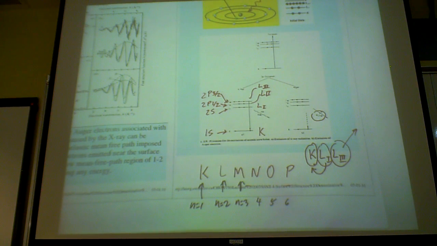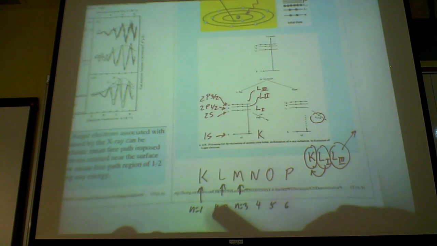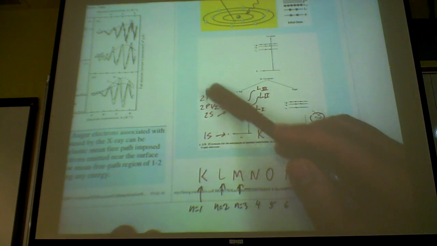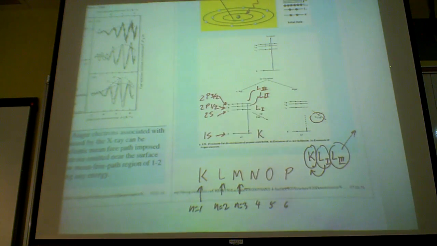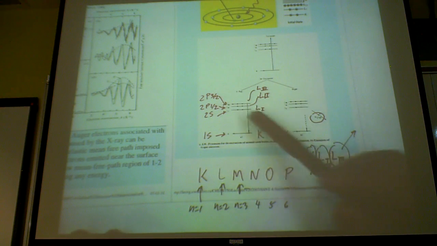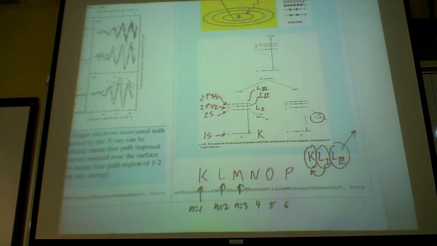Okay. Now, but what happens in the L shell? You do have 3 different subshells because you have n equal 2. You have 2s, 2p1/2, 2p3/2, and they have different energy. So how do you label that? The physicists simply say, okay, I can call the first one L1, the second one L2, the third one L3.